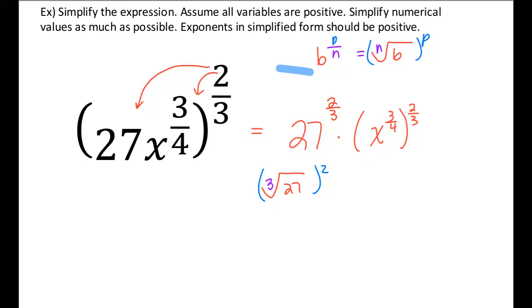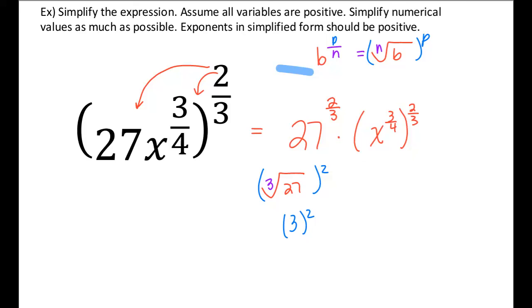So cube root of 27. Okay? Look at your table for the cube root of 27. 3 to the 3rd power is 27. Cube root of 27 is 3. And then I get a 3 raised to the 2nd power.